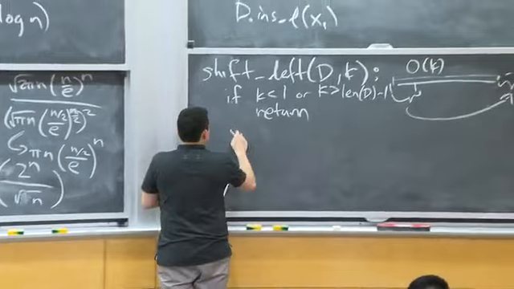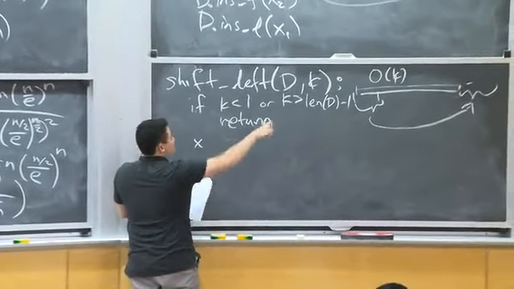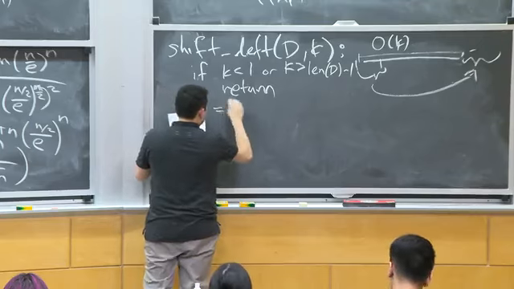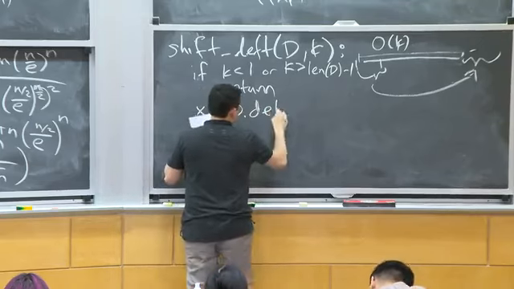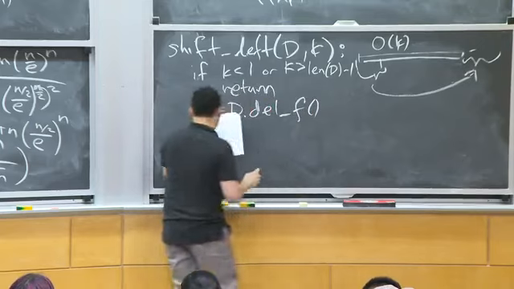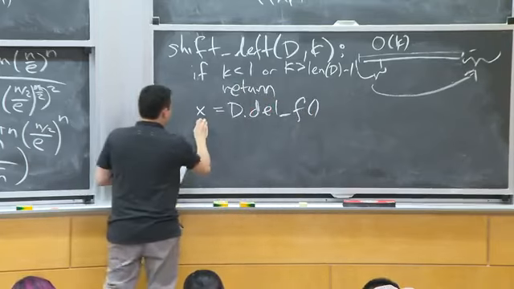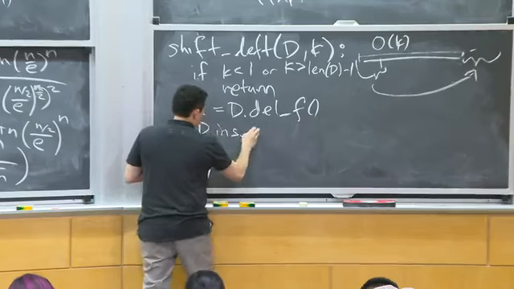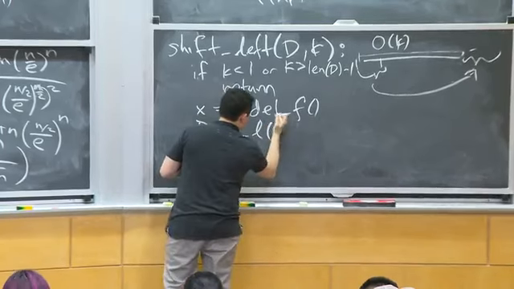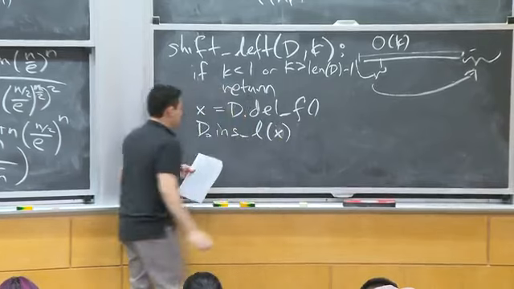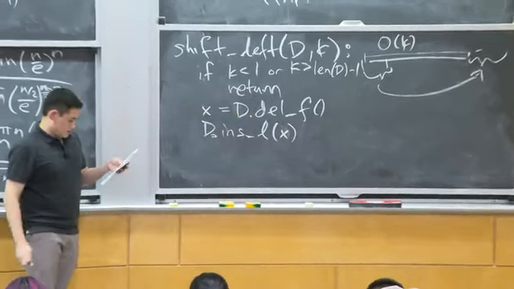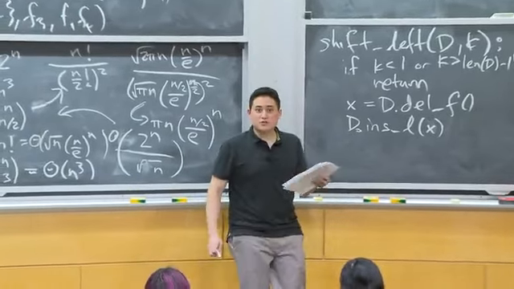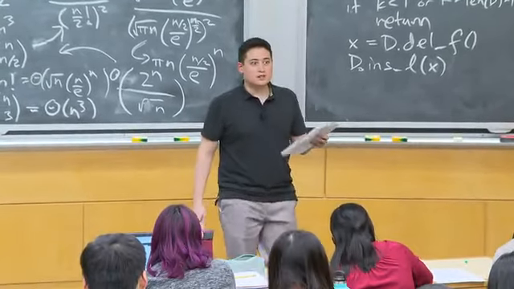So we'll delete the first thing as a temporary variable, right? Delete first. OK, and then we'll insert last x, right? And then we need to do the recursive call. So what's our recursive call look like? Yeah?